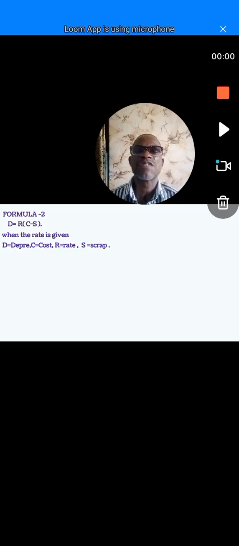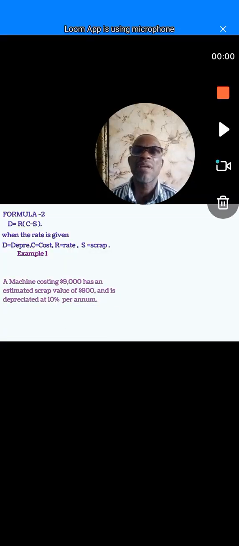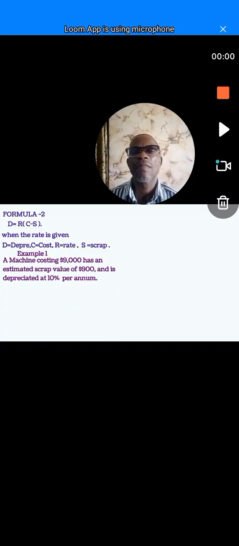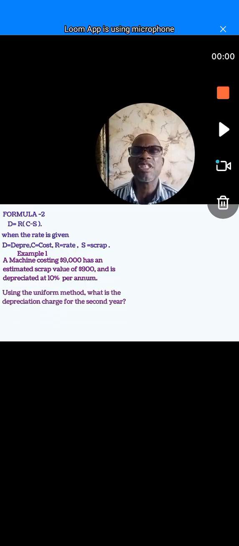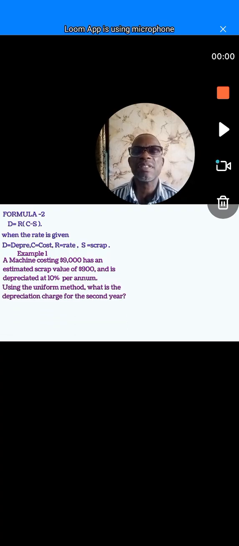Let's take example 1. A machine costing $9,000 has an estimated scrap value of $900, and it is depreciated at 10% per annum. Using the uniform method, what is the depreciation charge for the second year?